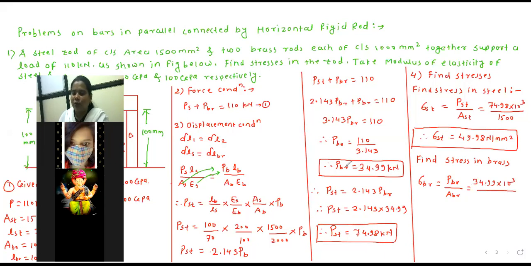This load is taken by both rods, so we have to take the area of both rods. So area is 2000. Therefore, stress in brass is 17.49 Newton per mm square. This is our final answer.